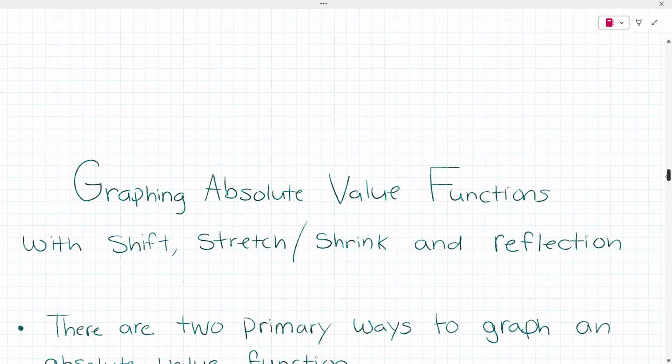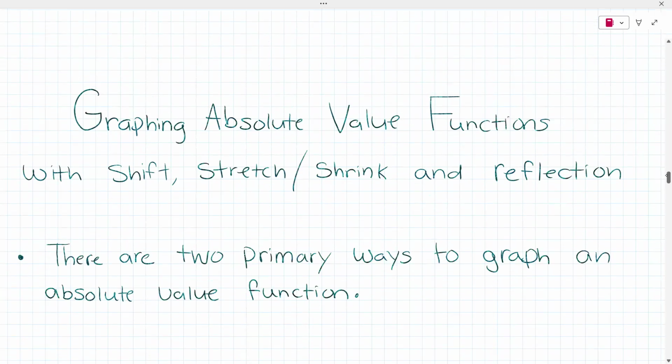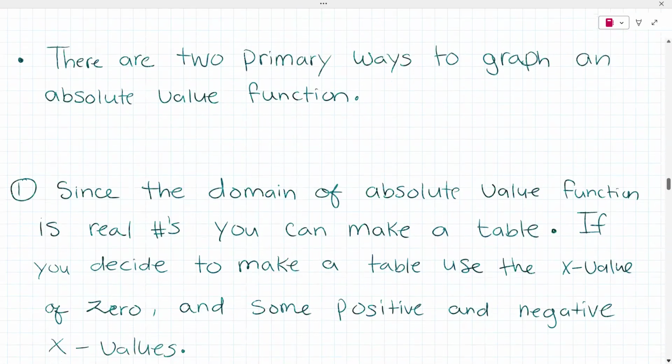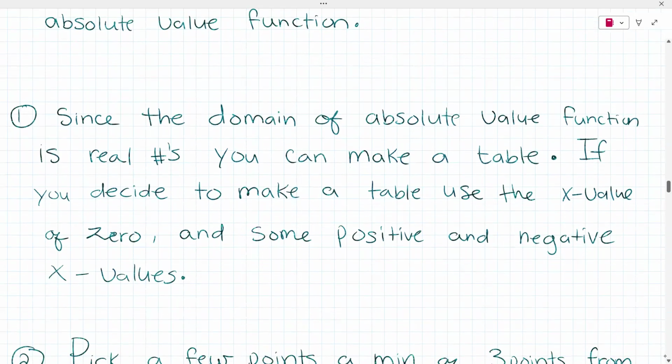Okay, so now let's talk about graphing absolute value functions with shift, stretch, shrink, and reflection. There are technically two primary ways to graph an absolute value function. Since the domain of an absolute value function is all real numbers, you can make a table. That's probably the most old school way. I honestly don't like making tables, I don't know why.